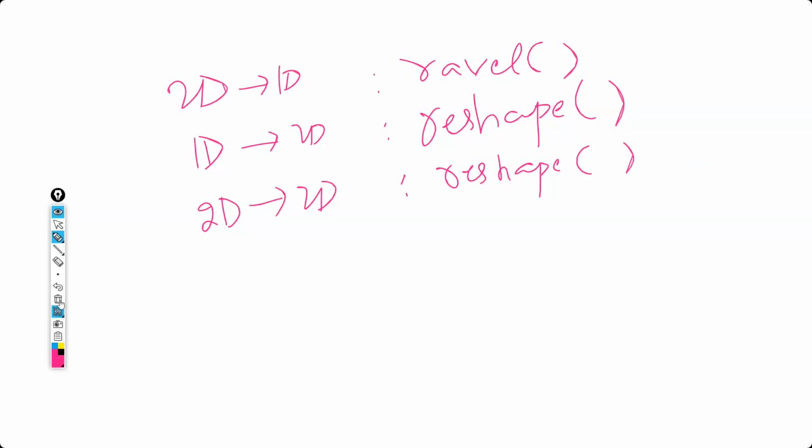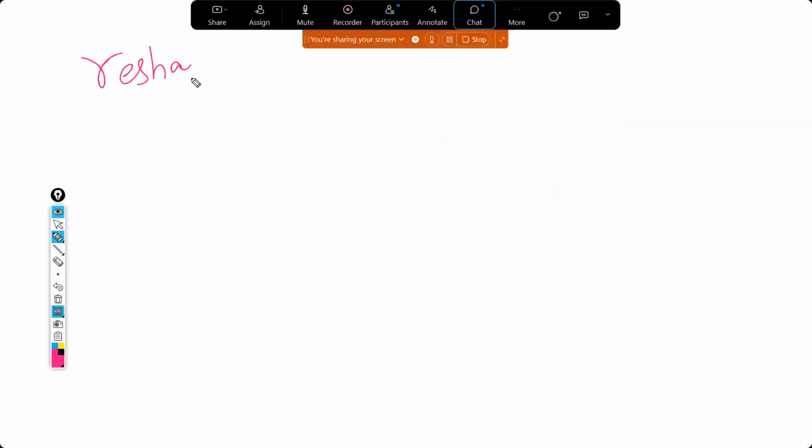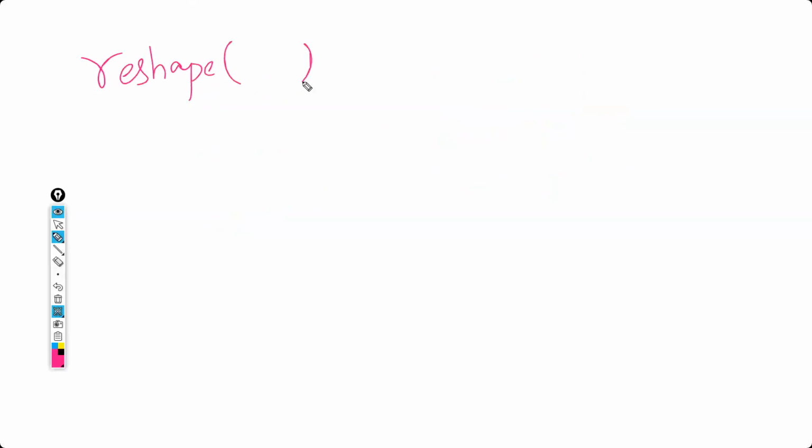Now, what is reshape? In reshape, you write how many rows and how many columns: rows, comma, columns. Here I have a 1D array of 0, 1, 2, 3, 4, 5, with a total of 6 values.